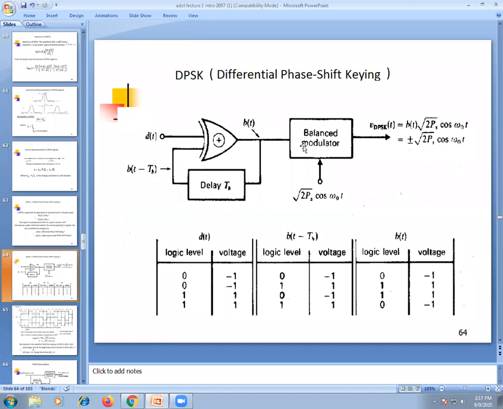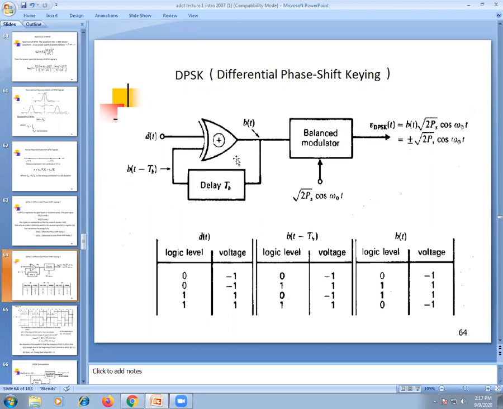That b(t) signal is given to the balanced modulator input. It is not directly b(t) as in BPSK, where the b(t) signal is directly given. Now the d(t) data is given through the XOR gate, and the other input is the 1 bit delay of the output.